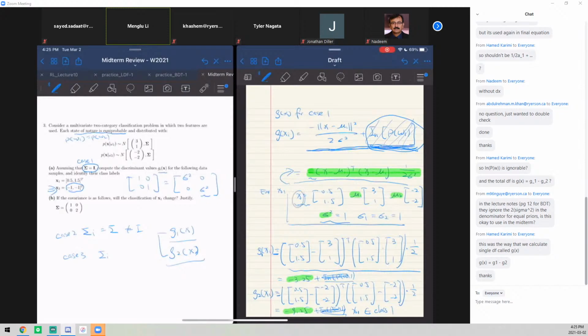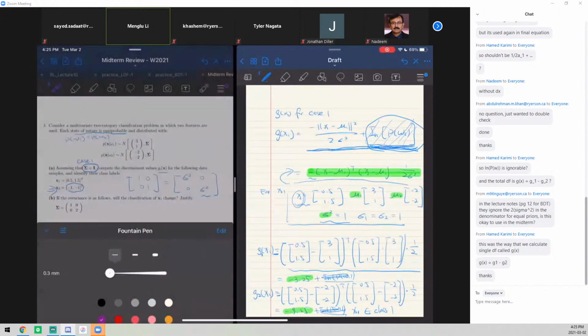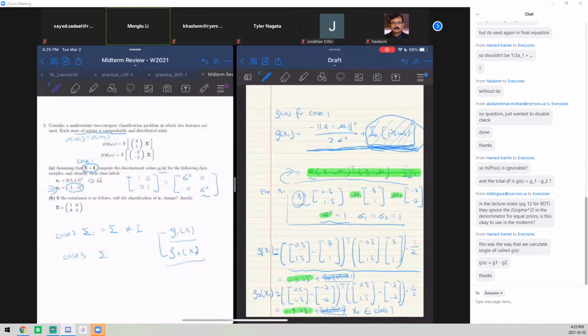You just change the value for x, and we will see that X2 belongs to class 1. This one will belong to class 2. You guys can try to see whether it's correct. Okay, next one.